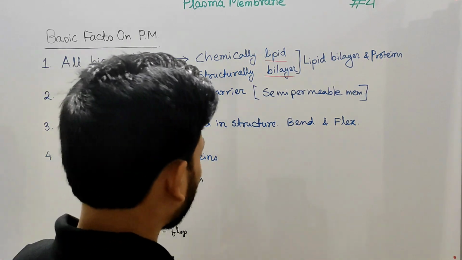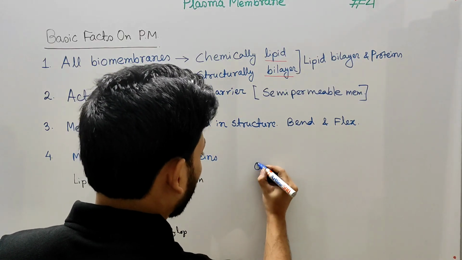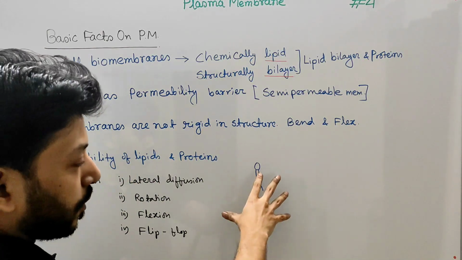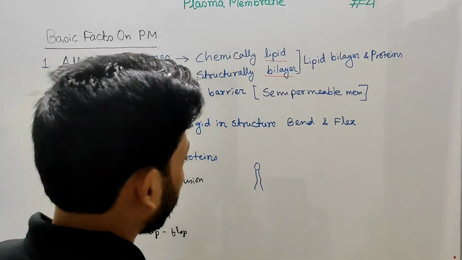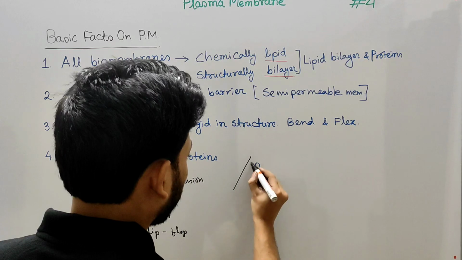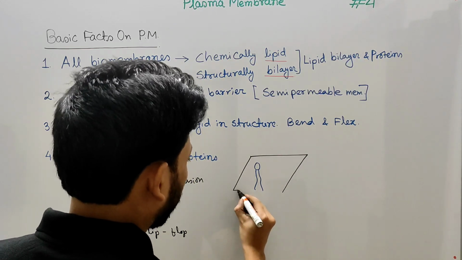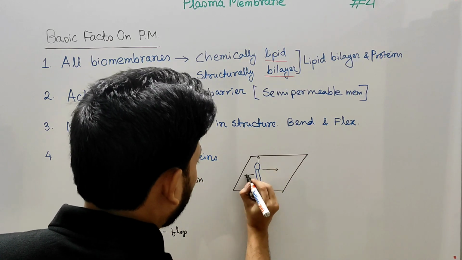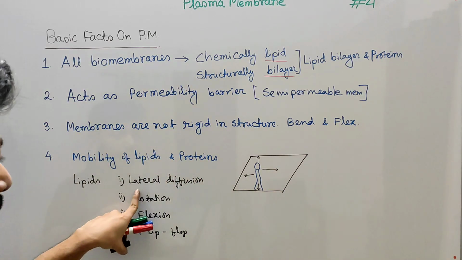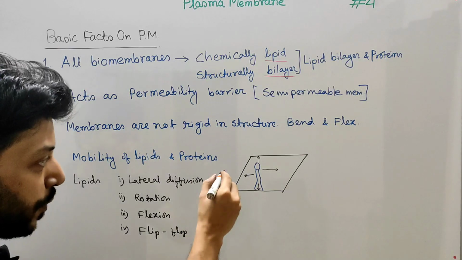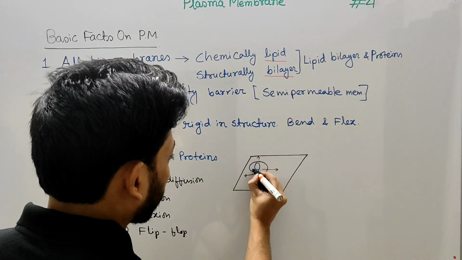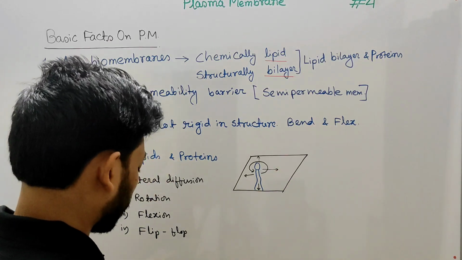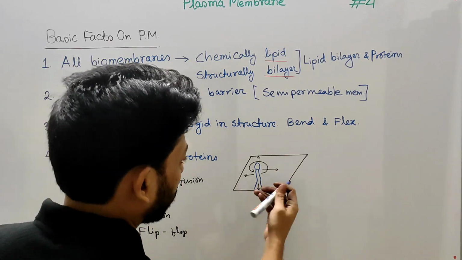Now let me explain. Let's suppose these are the lipid molecules present in the plasma membrane. Let's suppose this is the outer layer or inner layer, any layer of the plasma membrane. Now these lipids can move in any direction, and this is called lateral diffusion. When these lipid molecules rotate around their axis, this is called rotation. Flexion means the fatty acids get apart.